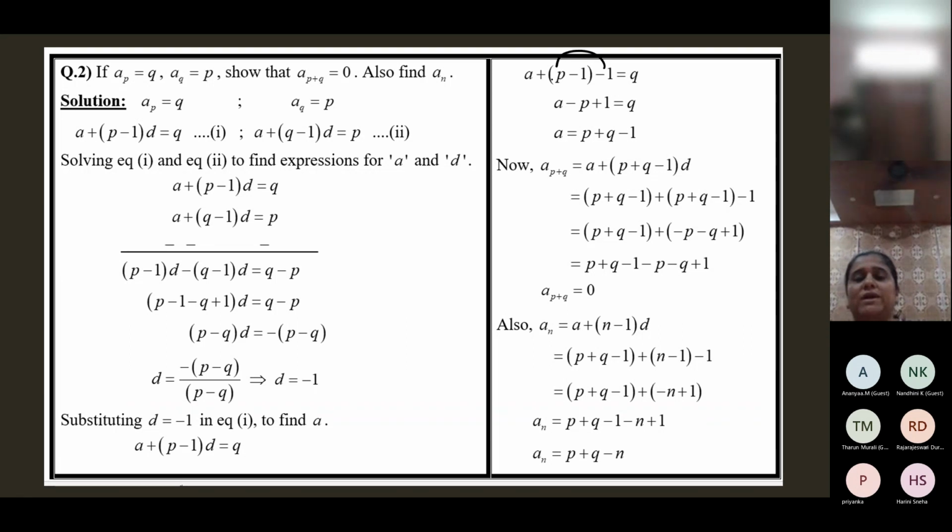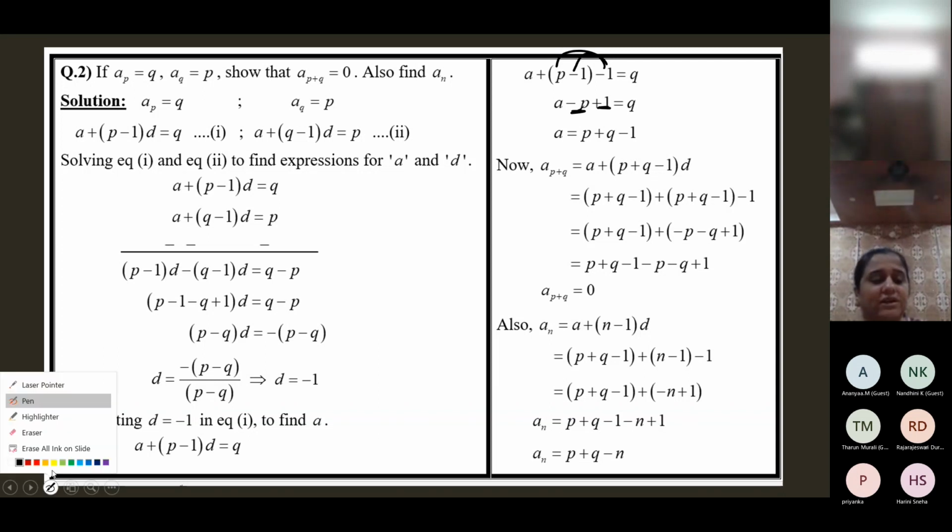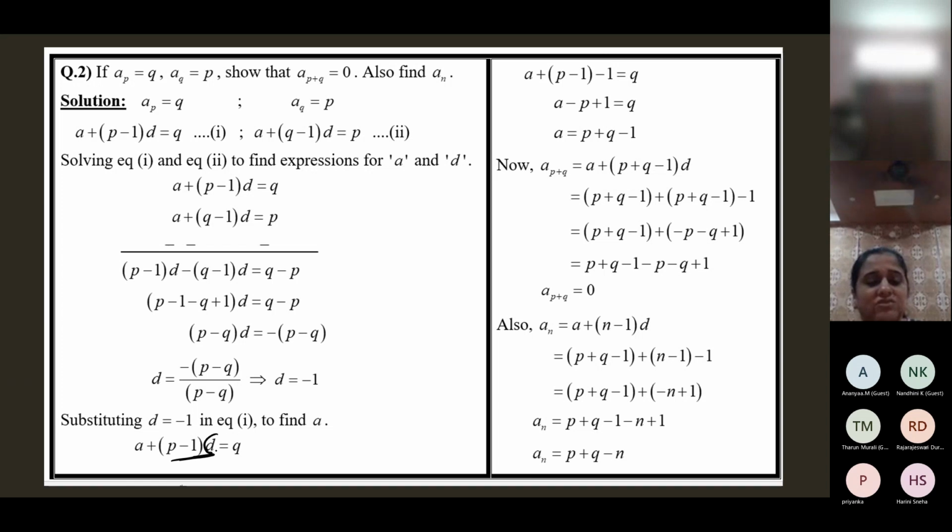P into minus 1 is minus P, minus 1 into minus 1 is plus 1. So we'll get A minus P plus 1 is equal to Q.